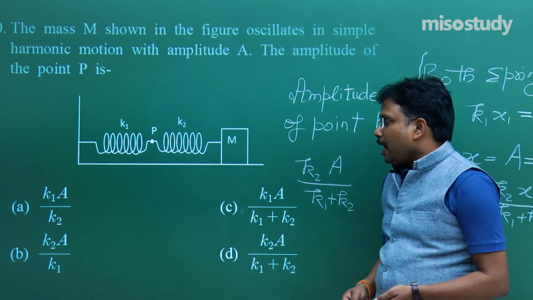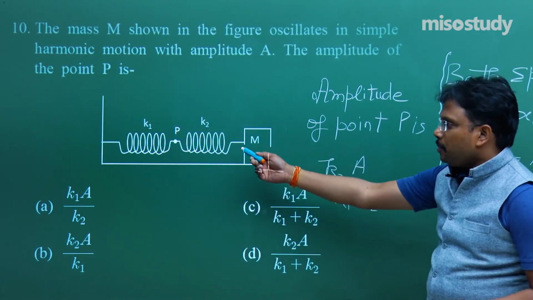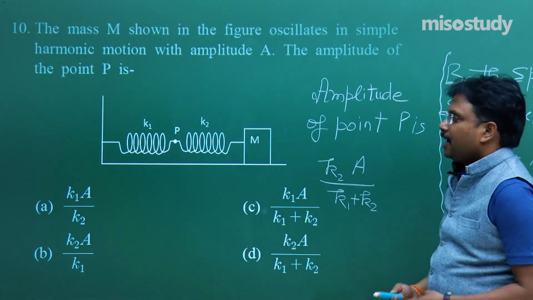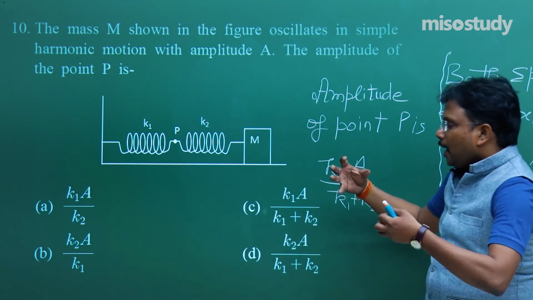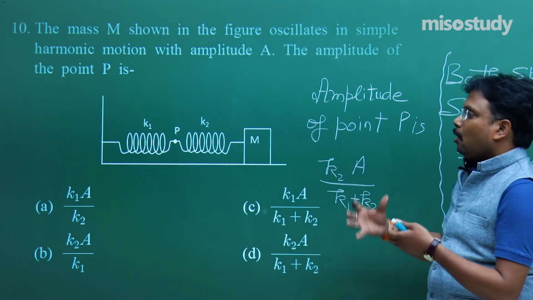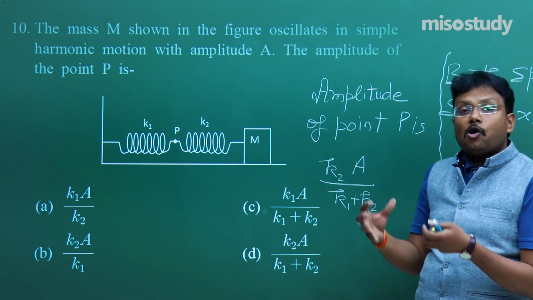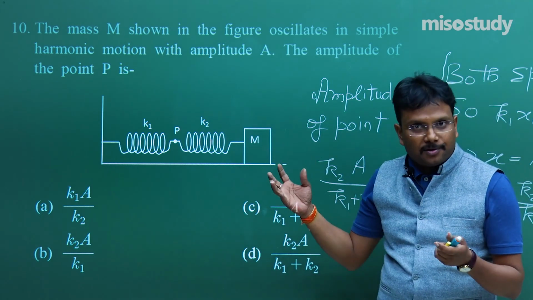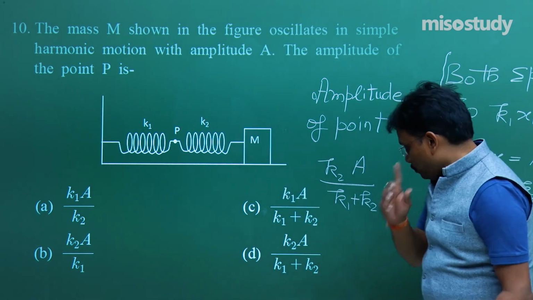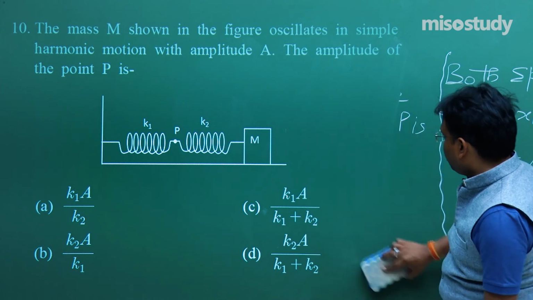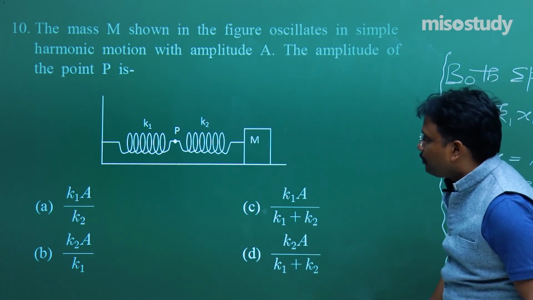So as such this problem is not difficult, but here I simply tried to incorporate the concept of series parallel combination of springs. Here one more possibility. Let me give you a brief idea of that possibility.